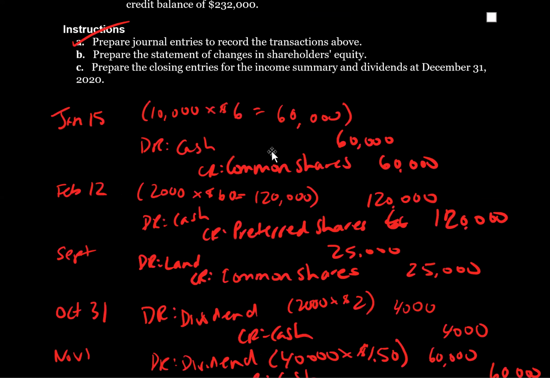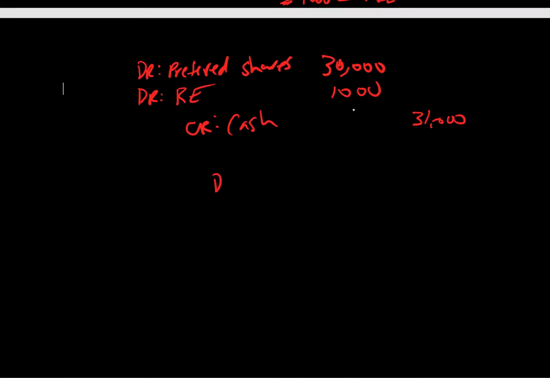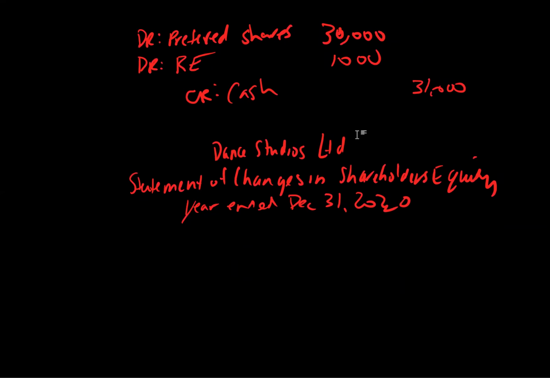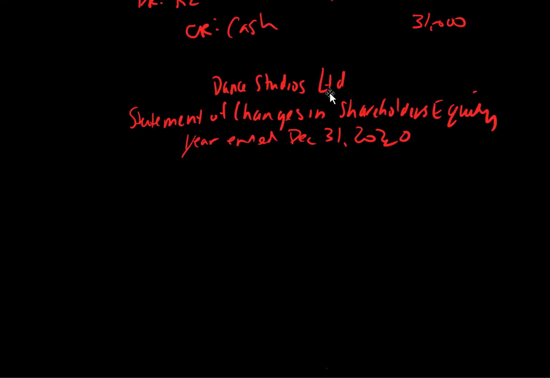So we've got Dance Studios Limited, statement of changes in shareholders' equity, for the year ended December 31st, 2020. This statement is a continuity statement, so it's not like a balance sheet where it's at a point in time. This is a year-ended statement. So now we're going to create our columns. We're going to have number of common shares.